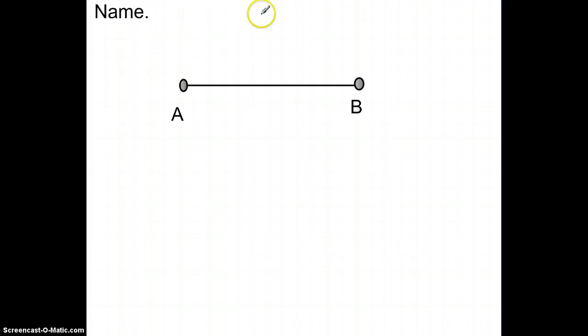Okay, next one. If we're going to name it, first of all, this is a line segment. Oh, that's sad little writing there. There we go. Okay, maybe I'll go back to printing here. I have to name this by using 2 points.